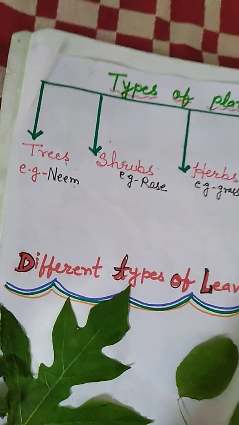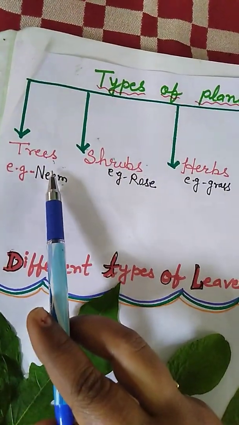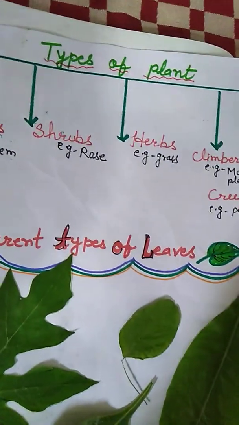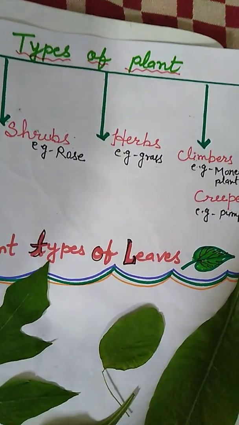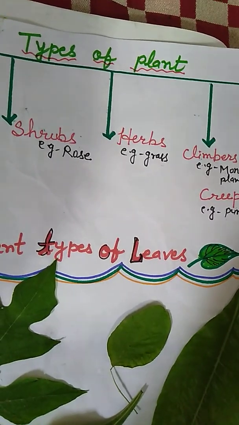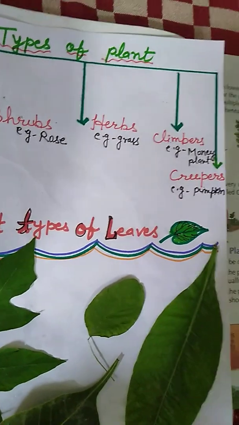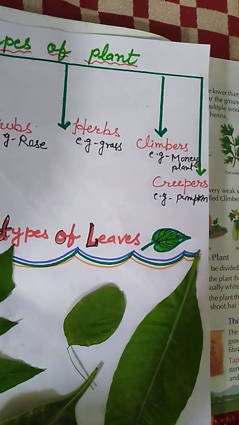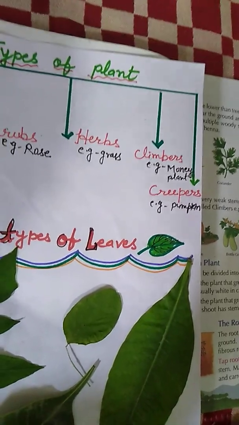These categories are, firstly, trees. What are trees? Plants that grow tall and have a thick stem are called trees. Example, mango and banana. Next, second is shrub. Plants that are lower than trees with a woody stem.